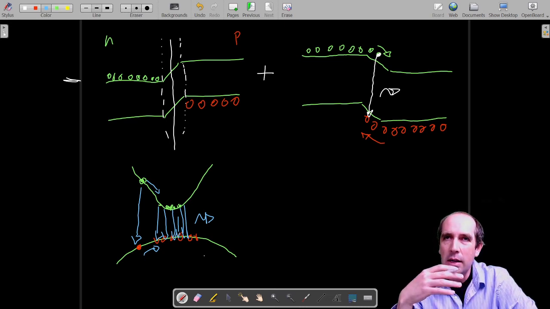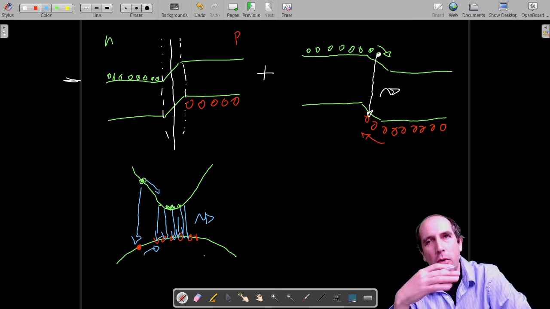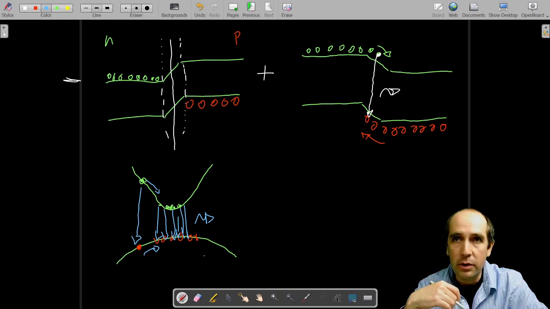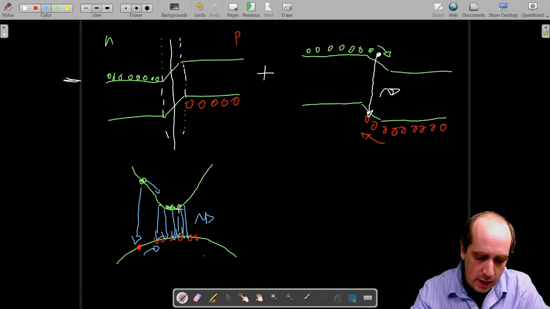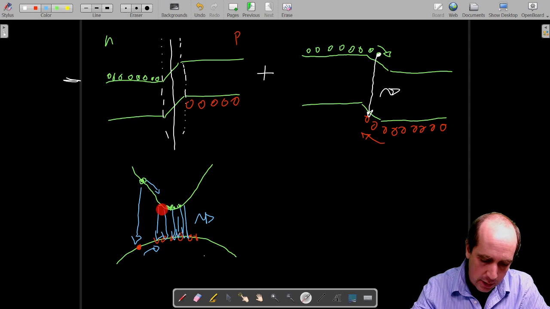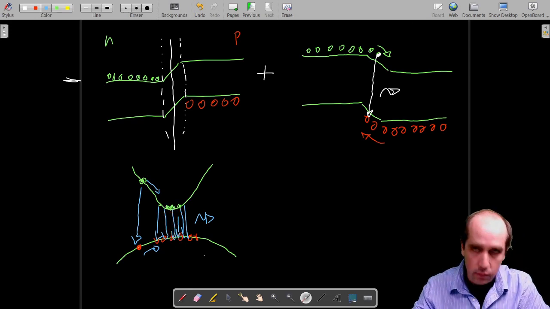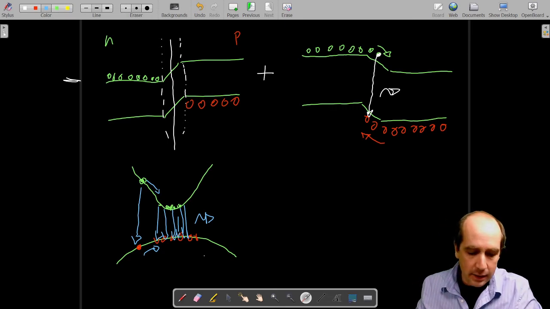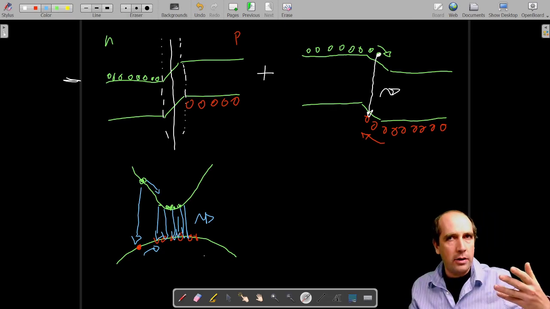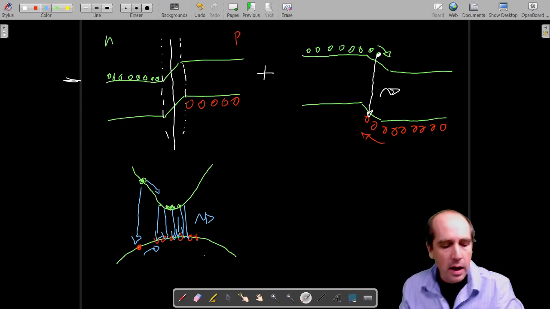So really, most or almost all the optical transitions will occur here near the bottom of the band, right at the band gap, and not with energies higher than the band gap, not typically at least.